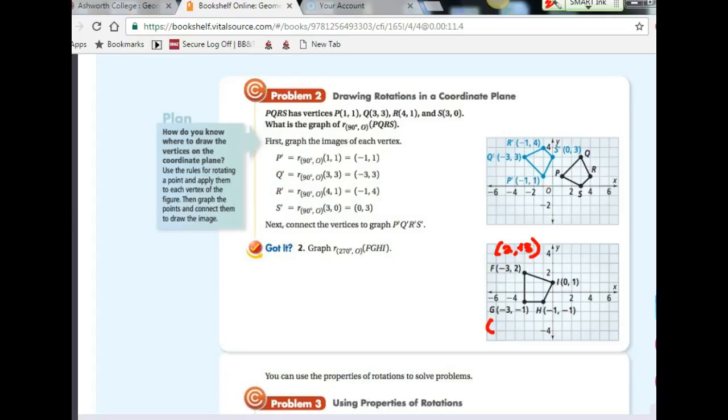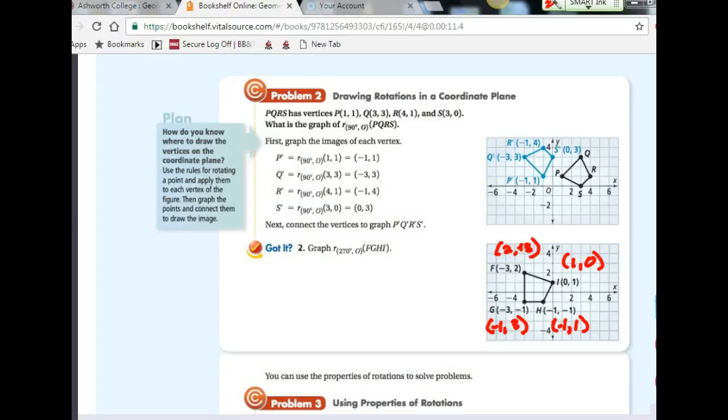And so this one would become (-1, 3). This one would become (-1, 1). And this one would become (1, 0), because the opposite of 0 is still just 0, because that's what the previous page said to do.